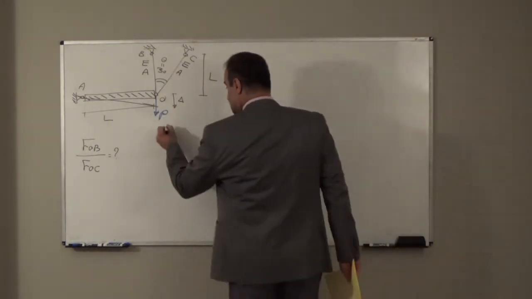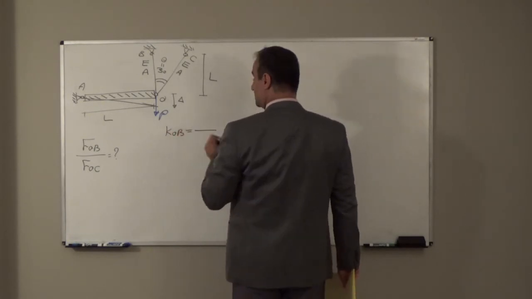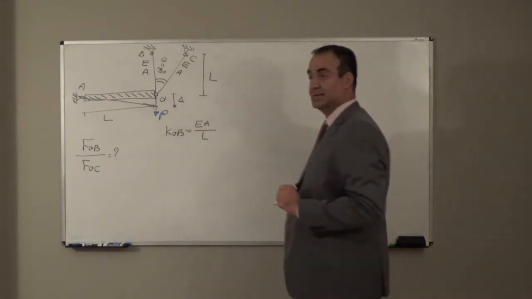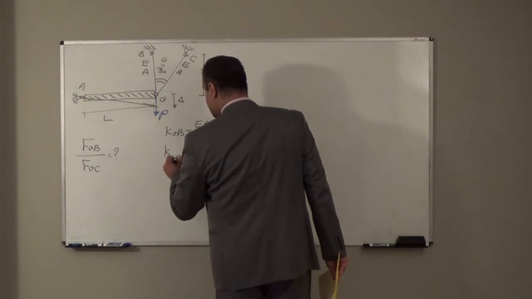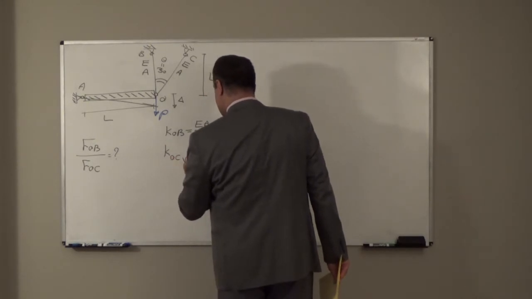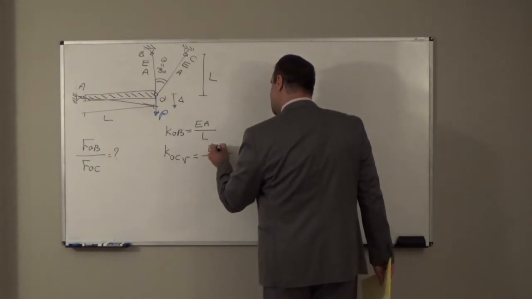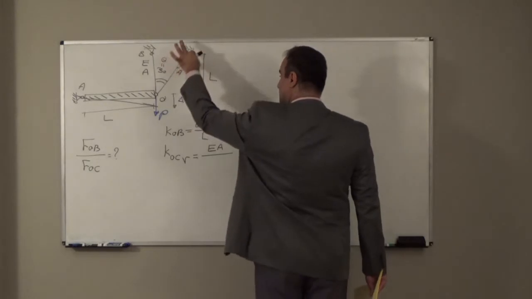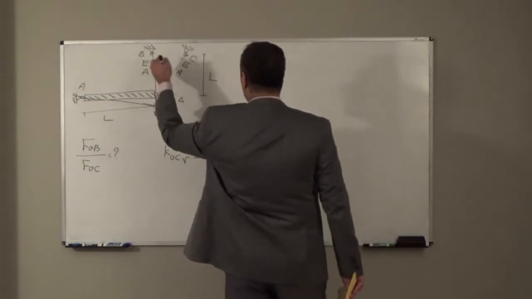The stiffness for OB will be equal to EA over L. The stiffness for member OC in the vertical direction will be equal to EA divided by the length of OC. The length of OC we don't know, but we know the length of OB.